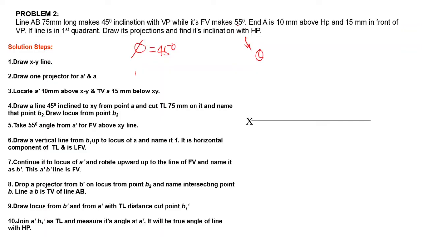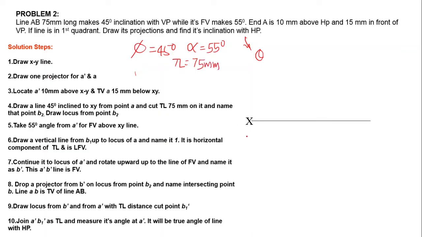Then front view makes an angle of 55 degree with XY line. That means that apparent inclination with HP is given as 55 degree. These are the given data, and the locus of endpoint A is given, and that entire line is in first quadrant. Line AB 75 mm long. That means true length is equal to 75 mm. That also given.